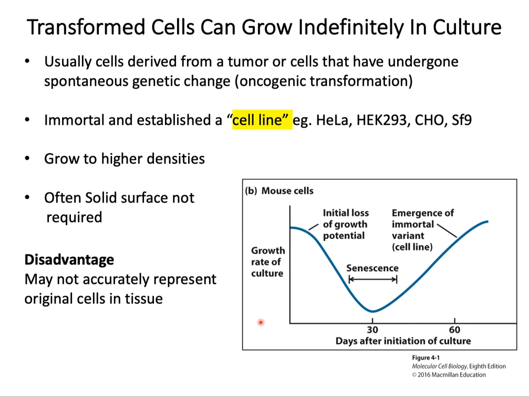Sometimes this is called oncogenic transformation, which makes these cells immortal. They do not have a finite doubling and can grow to very high densities and not necessarily even on solid surfaces. The disadvantage is that they are genetically altered. They may not accurately represent the original cells in tissues and may display abnormal properties which could skew your conclusions about certain cellular functions.